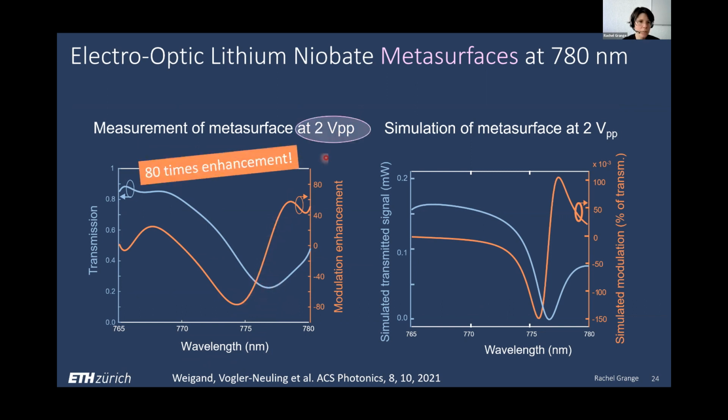What we could measure with this 2-volt peak-to-peak field applied to the metasurface was an enhancement of the signal, when we measure off and on the structure, of 80 times. So we really have to play with the resonant metasurface to be able to measure an electro-optic modulation with a very low applied voltage, so that it's a voltage that you want to apply on a chip, right? Not 100 volts.